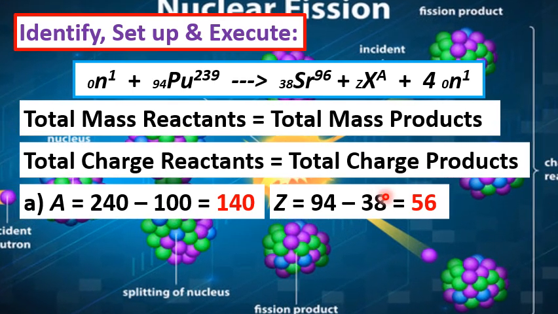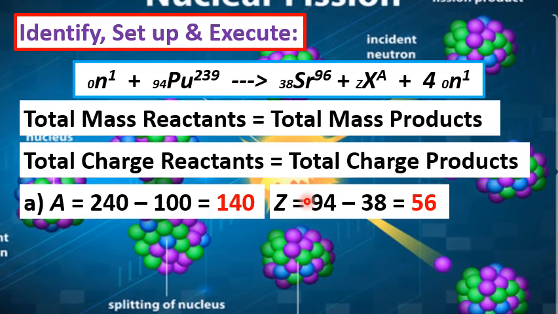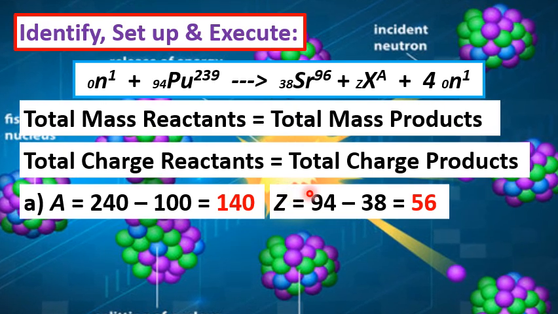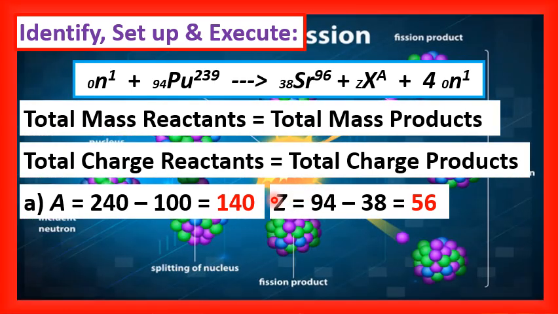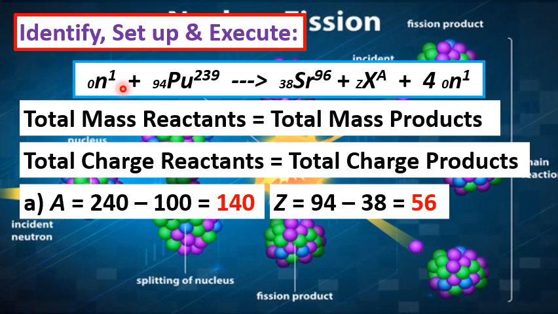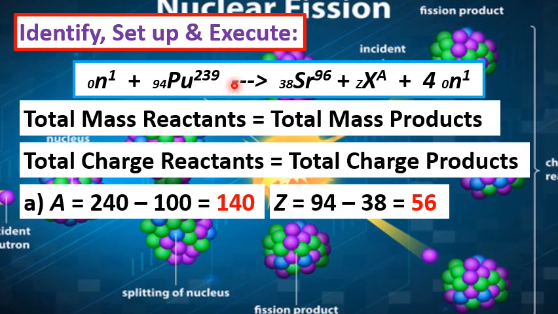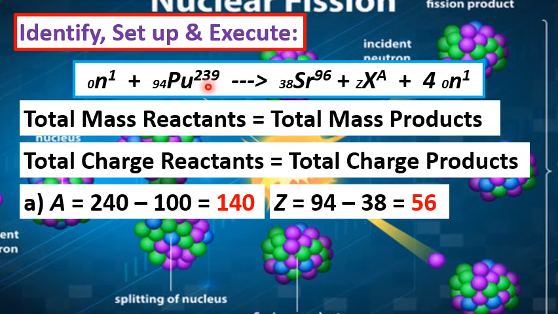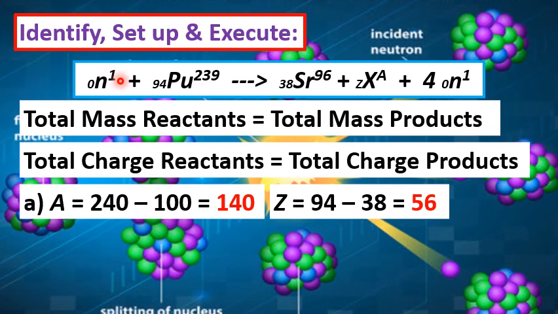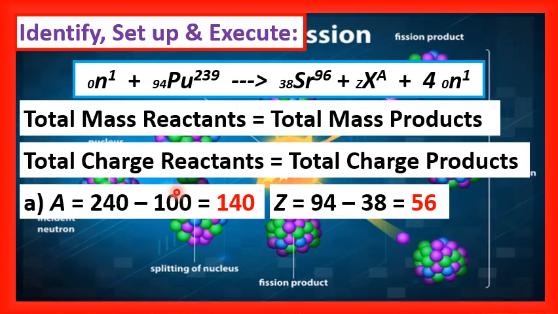So we simply add the mass numbers of the reactants, right? That is 239 plus 1, right? Referring to our fission reaction equation, 239 is the mass number of plutonium and 1 is the mass number of a neutron, right?